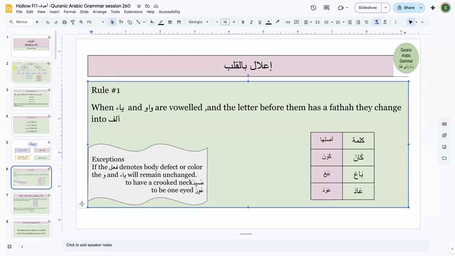Khafa was khawifa. So what happened to your waws and yas? Because the letter before had a fatha, the waw and ya simply got changed into an alif. And this change of waw and ya into an alif is I'lal bil qalb. And this is going to be our rule number one. Everyone with me so far?